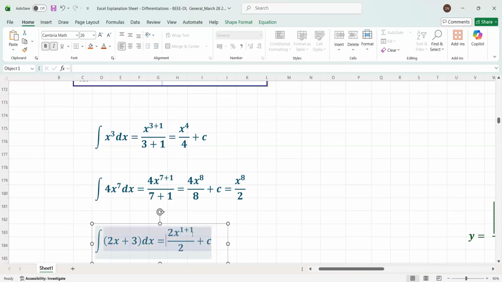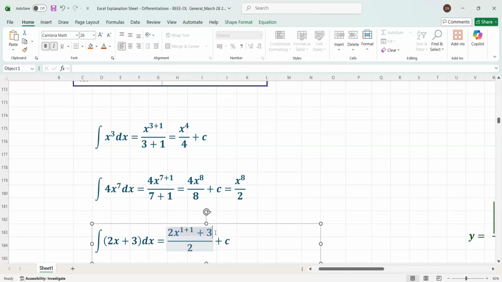Now when you integrate 3, remember that the value 3 there is 3 times x raised to the power 0. I hope you know that. Oh, I should have done this separately.